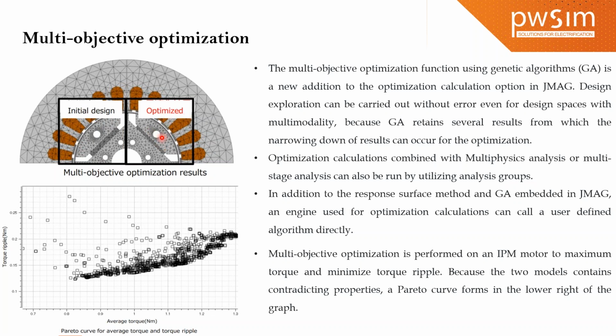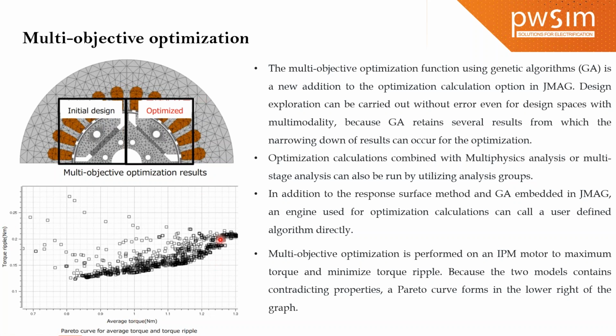For these various shapes, for a given defined objective condition, that is, increase the average torque and minimize the torque ripple, we can select the best in the multi-objective optimization.